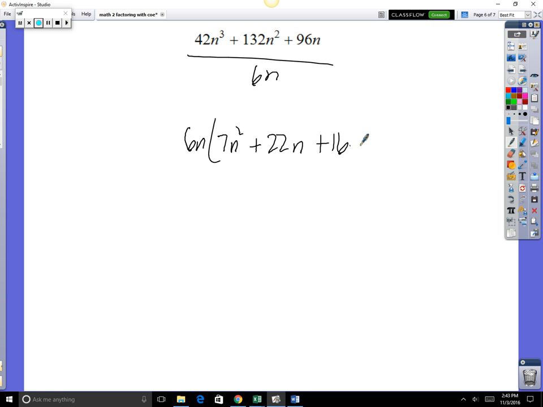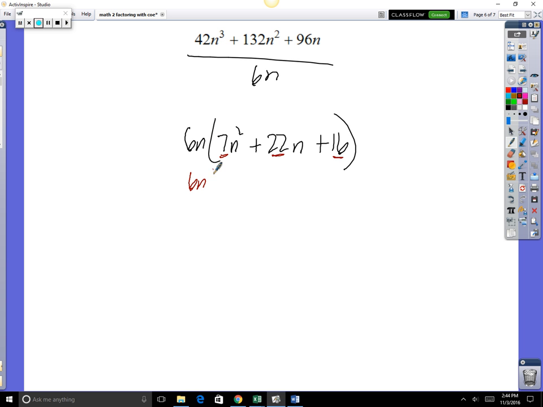Okay, now ask yourself if you can keep going, because maybe 6 is not the greatest. Maybe you can pull more out. 7, 22, and 16. Okay, 7's prime, and 7's not going to go into these, so that's it. So here we go. That is not a perfect square. That is a perfect square, but they both have to be, so that's not a special case. And this does not start with 1.